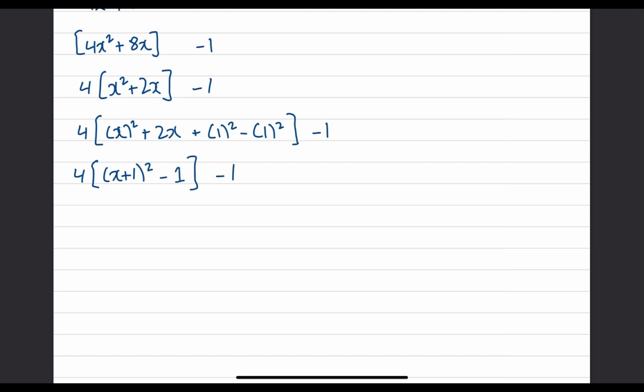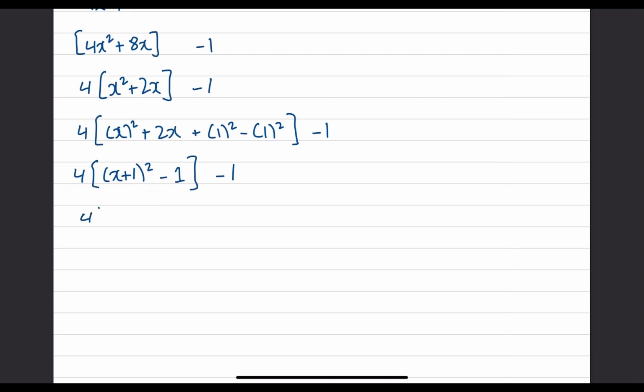Now in this example, taking this minus 1 out of the brackets is not as simple as just opening this whole squared. To take this out, what we need to first do is multiply by 4, because the order of operations says when you open parentheses you're supposed to multiply things. You can't just take it out without multiplying it, because 4 is being multiplied to both this bracket as well as minus 1.